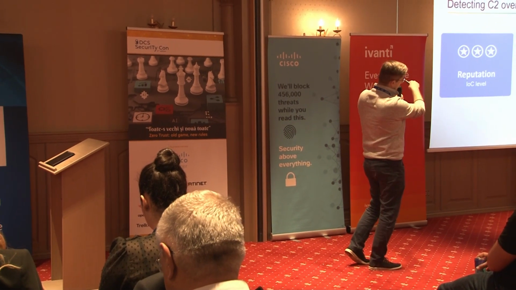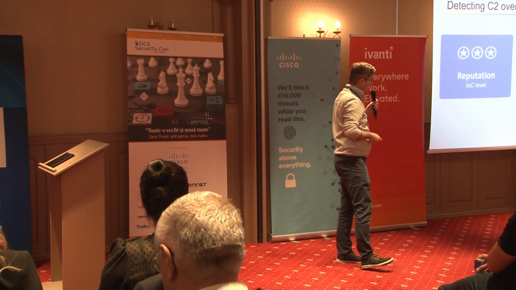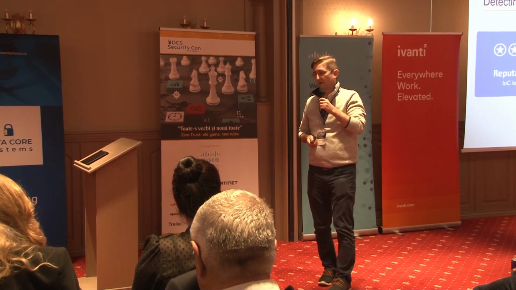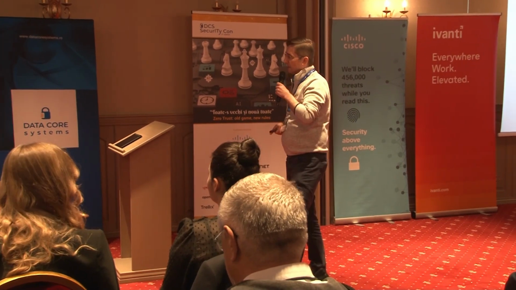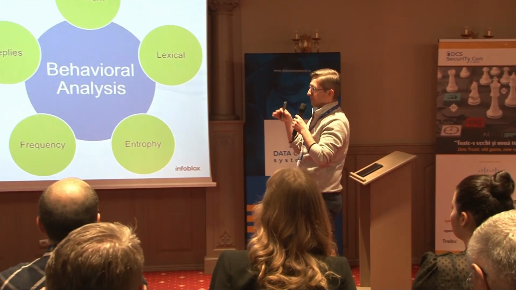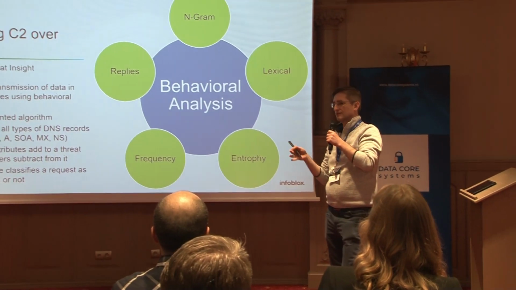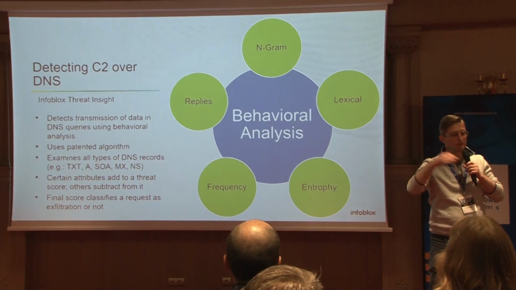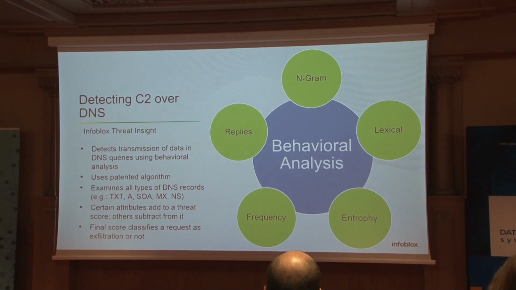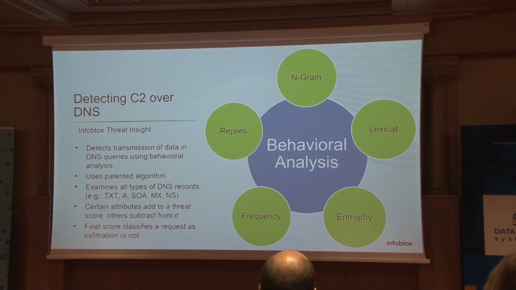So we can do all three of these things, but behavior-based analytics is, let's say, the most successful. How do we do that? Infoblox delivers a DNS resolver. It could be on-prem, it could be a service in the cloud, whatever. You can do it in a hybrid way. You can choose the best deployment you want.